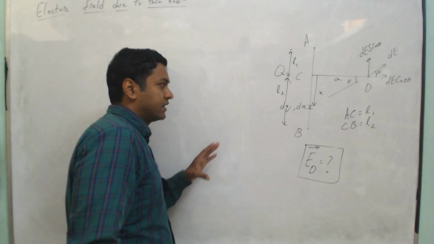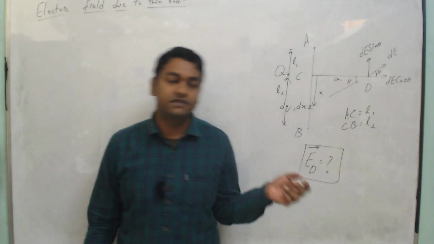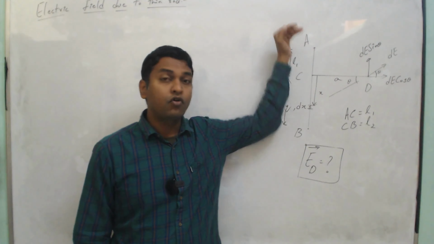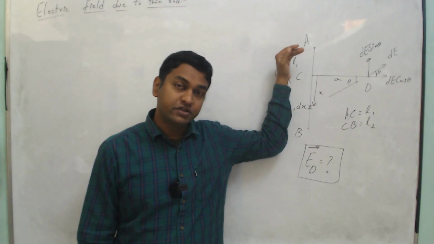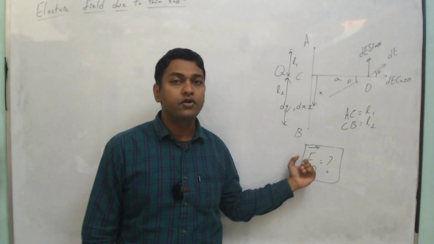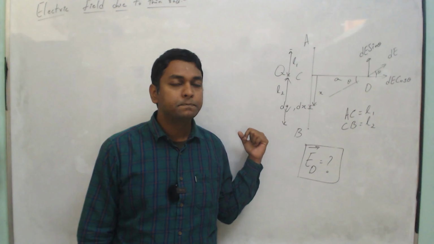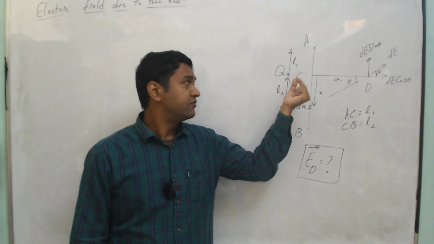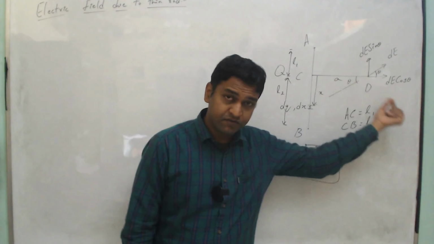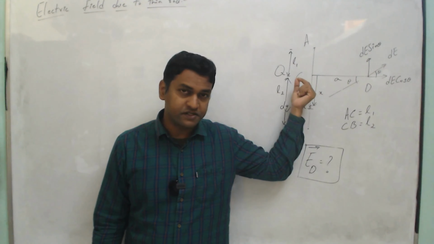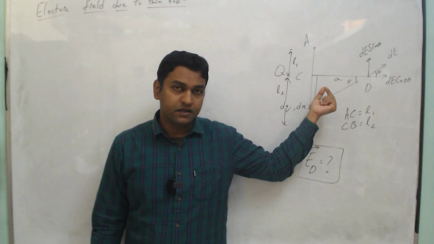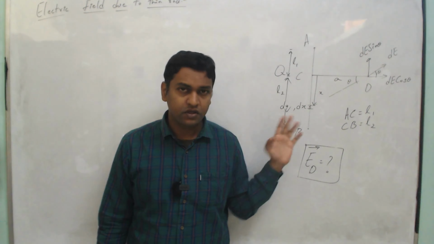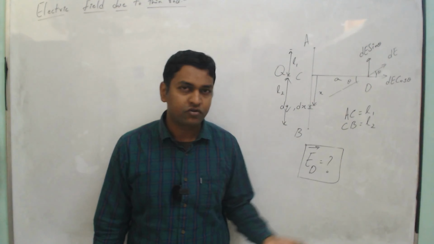So we'll again figure out what exactly is given to us. There is a uniform charge distribution on a thin rod from A to B, and we need to find the electric field at a distance of a from some random point C, perpendicular to AB, due to the entire rod.